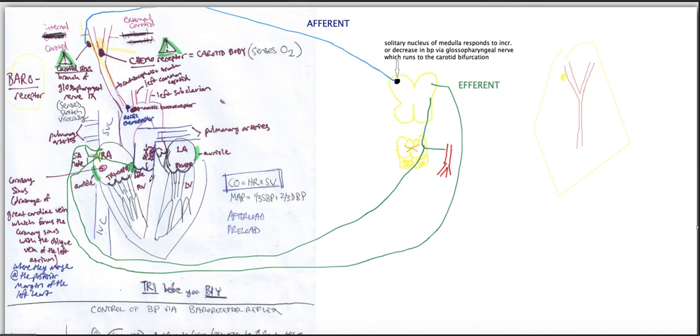Basically, increased vasoconstriction by the efferent sympathetic nerve fiber stimulation, which increases the firing of the pacemaker action potential to raise the heart rate, and also constricts the blood vessels.